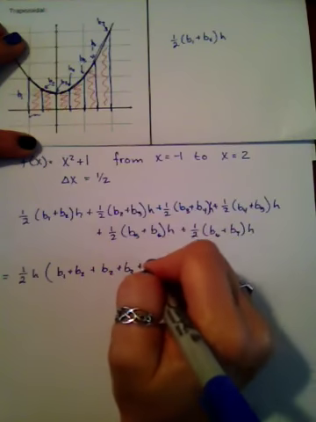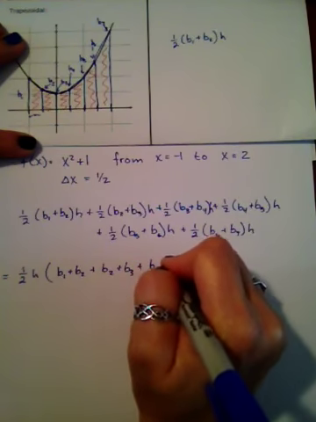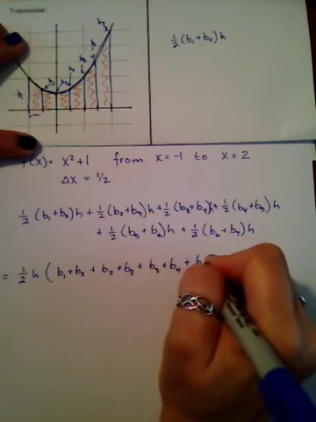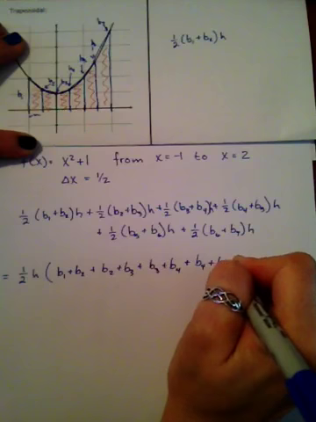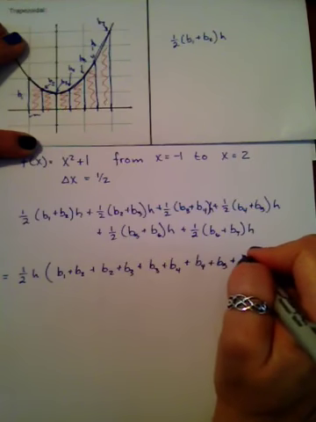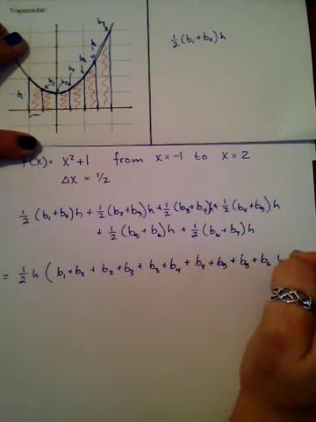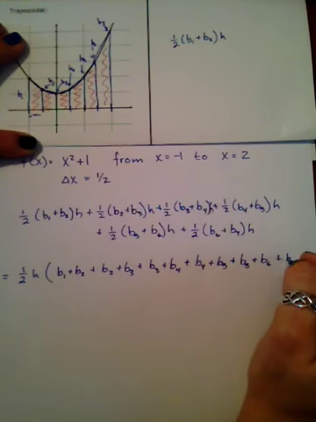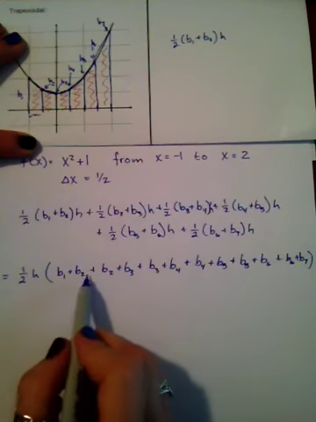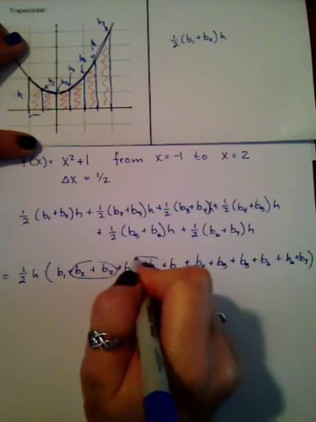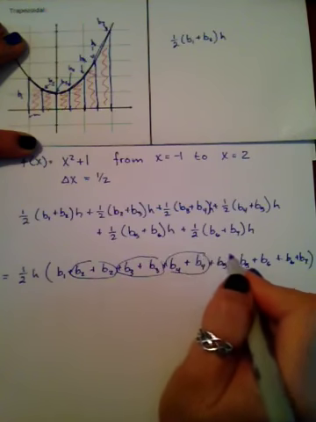For the next term, it's b sub 3 and b sub 4, plus b sub 4 plus b sub 5, and you can see the pattern that's being created, plus b sub 5 plus b sub 6, and then for the last one, plus b sub 6 plus b sub 7. And you can see that all of these bases are repeated except for the first and the last.